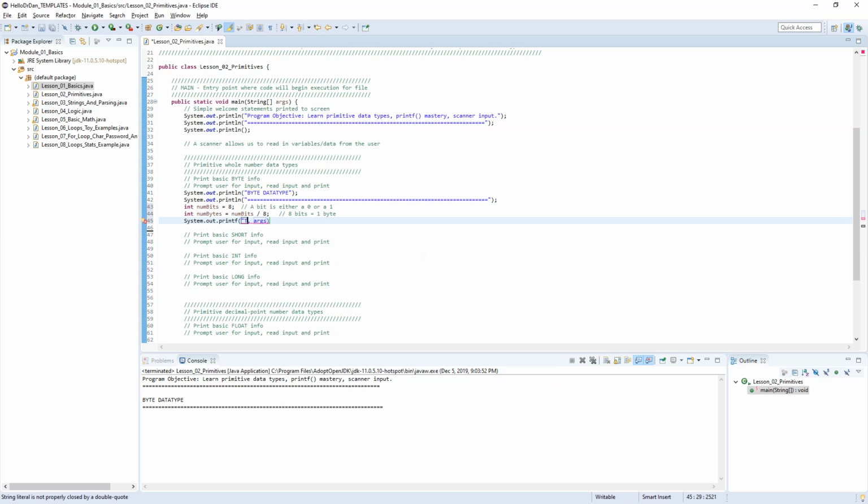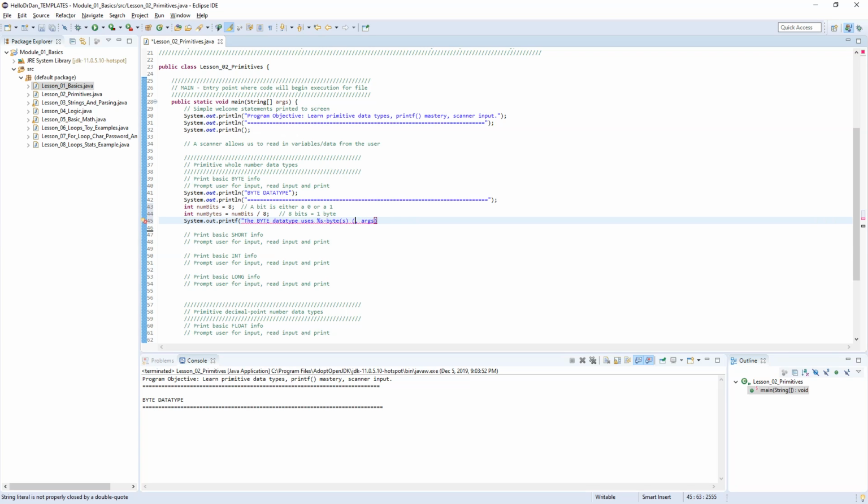So I'll say something like this: the byte data type uses, and I'm just going to start off, do %s bytes, byte or bytes. Eclipse can sometimes think it knows what we're doing and it jumps around, so pay attention. It may have jumped your cursor around a little bit.